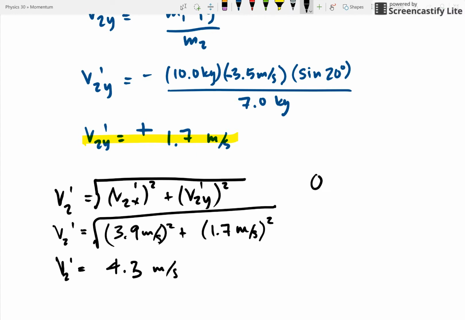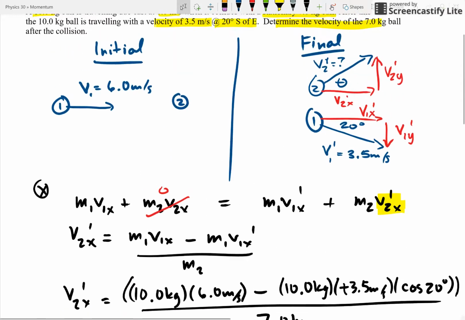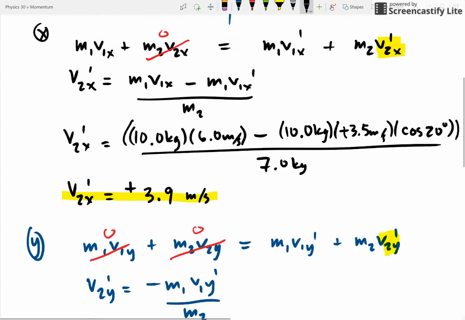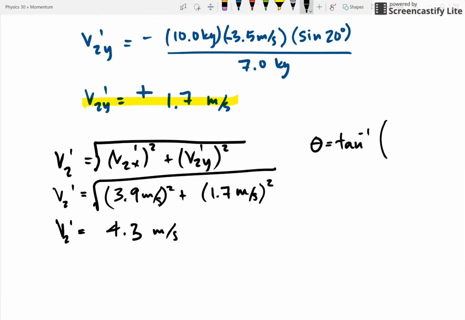Then I'll calculate the angle. I know the relationship is tangent, and the opposite side to that angle is v2y prime, so that's going to be divided by v2x prime.